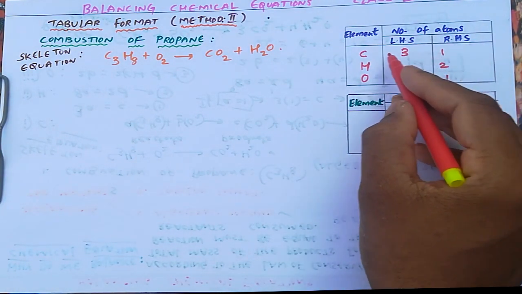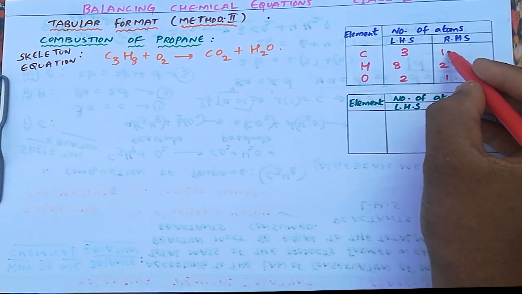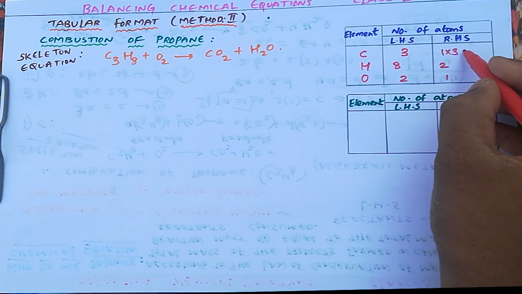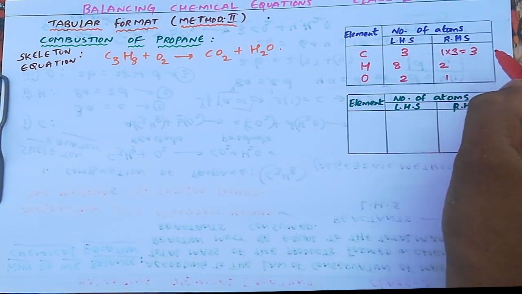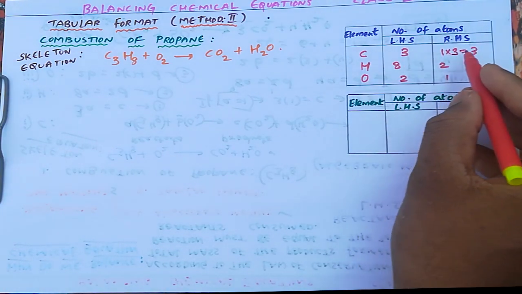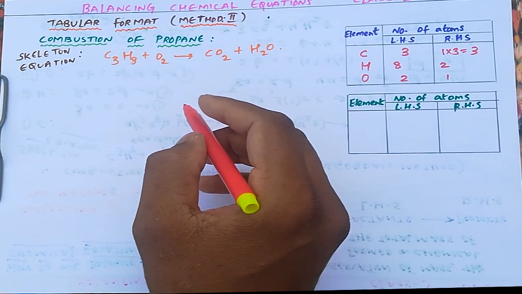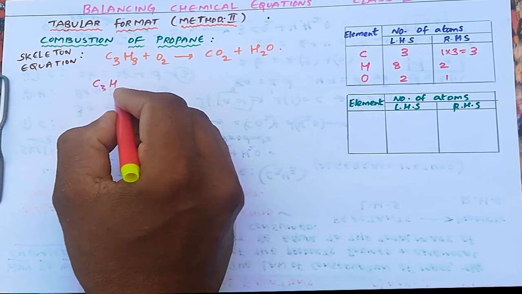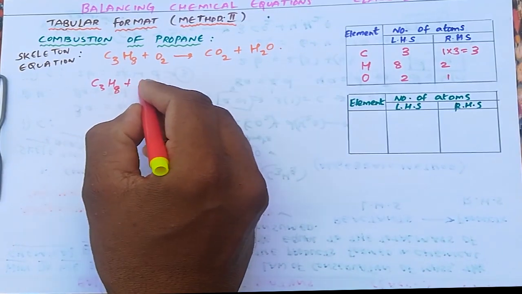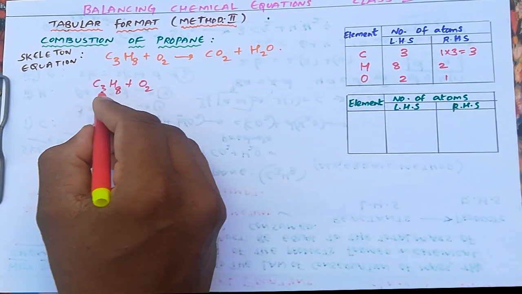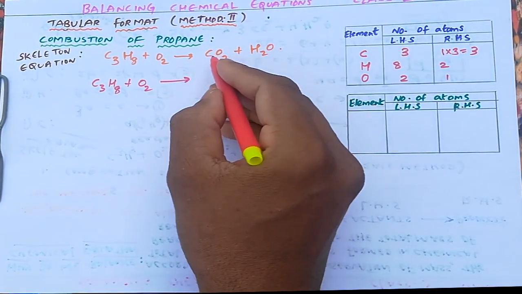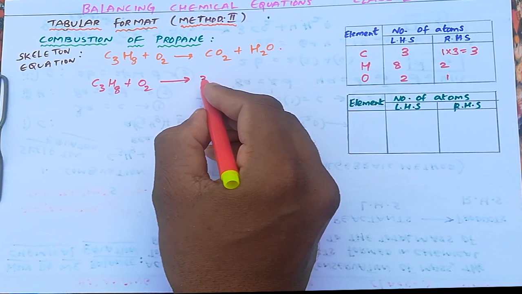Going with the first, carbon 3: if I multiply the RHS carbon atoms by 3, then it will become 3, and it will be balanced. After multiplying this value, I will write the equation again. C3H8 plus O2, that means no changes on the LHS, gives rise to, on the RHS for the carbon atom I am writing 3 here.